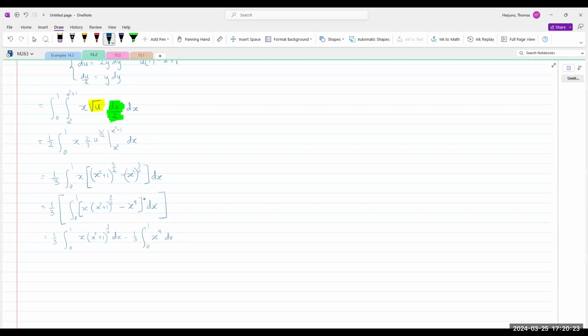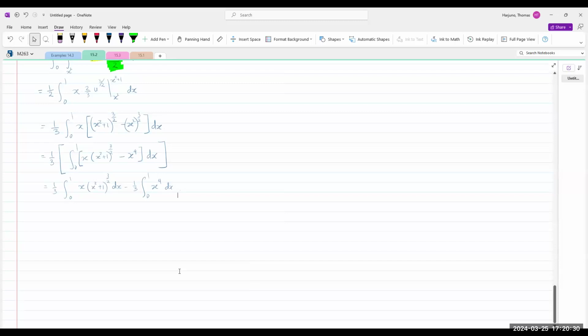Can you follow me? Okay, now the first integration here, I don't think you want to use strict substitution. You can if you want to, but why do you want to work so hard? We can use another substitution. Let's say w equals x squared plus 1. So dw equals 2x dx, right?